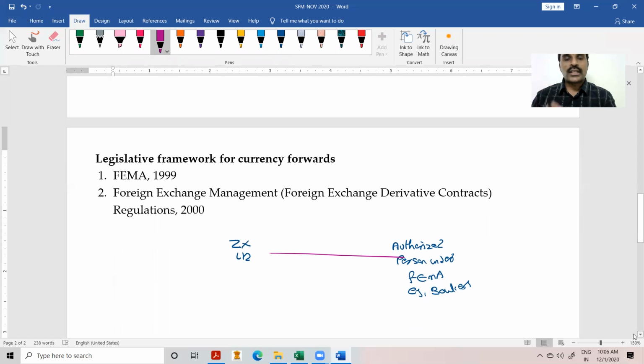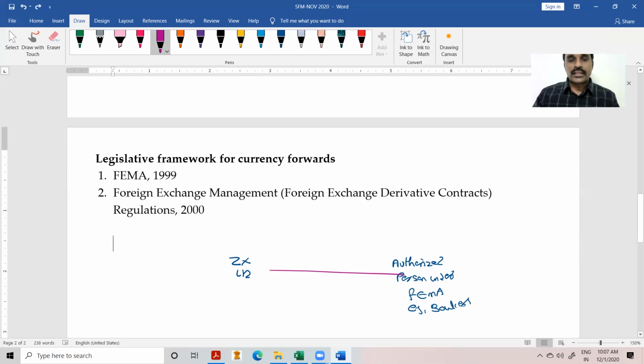Counterparty risk refers to the risk arising from default of one of the parties to the contract. In the given case, there is no counterparty risk to ZX Limited because the counterparty is an authorized banker.